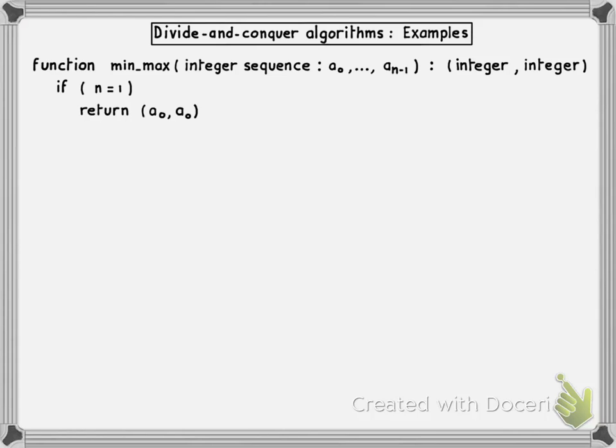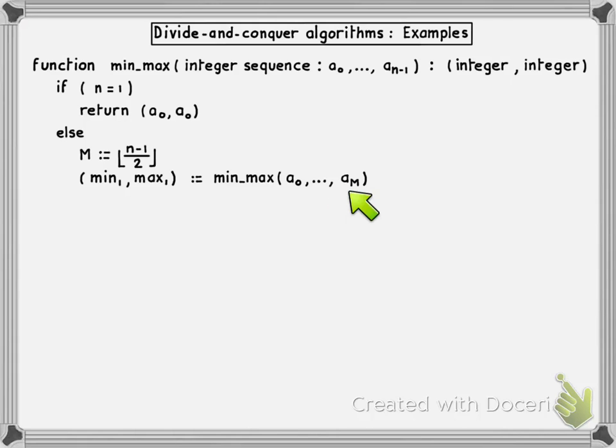Now the interesting case is when the sequence contains more than one element. And in this case, we can also use a divide and conquer strategy. So as before, we're going to compute m, the index of the element that's approximately in the middle of the sequence. And then we're going to do two recursive calls. We're going to find the min and max elements of the sequence to the left and including a sub m.